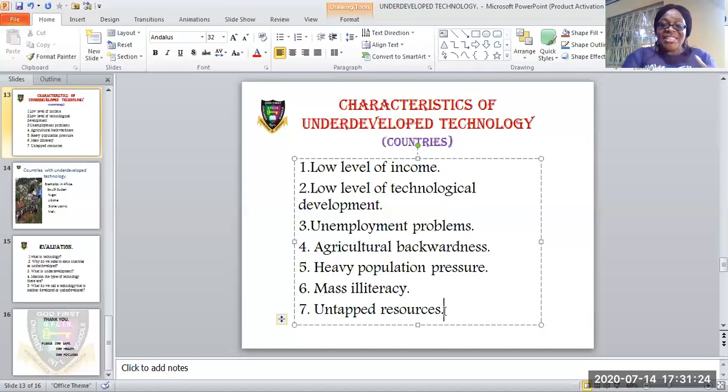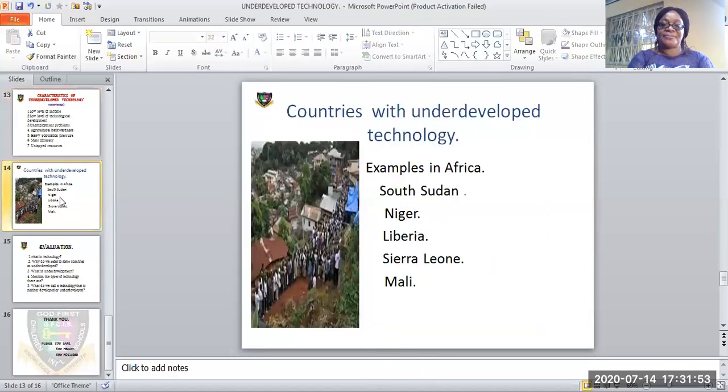They don't have the ability. They are not scientifically inclined to do all that needs to be done to man their resources so that it will bring them prosperity. Are we together? Beautiful. Characteristics of underdeveloped countries.